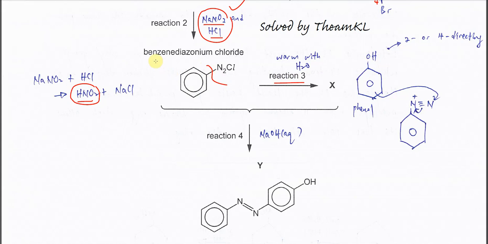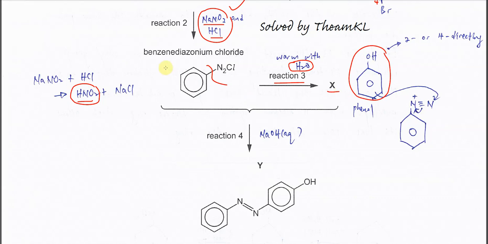So the benzene diazonium chloride will decompose and form phenol. The decomposition involves water, so it's actually somewhat like a hydrolysis. After it forms this phenol, the phenol is compound X.